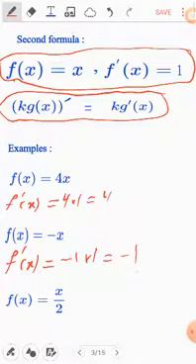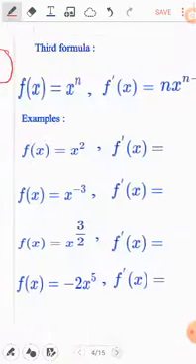It is minus 1. And this function f of x equals x over 2, which is half times x. So its derivative f prime of x is half times 1, which is half. So the derivative of x over 2 is half.